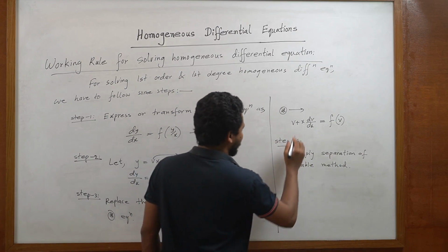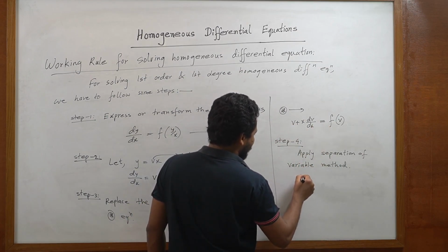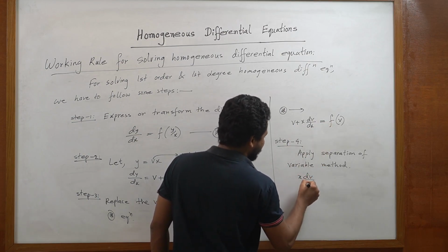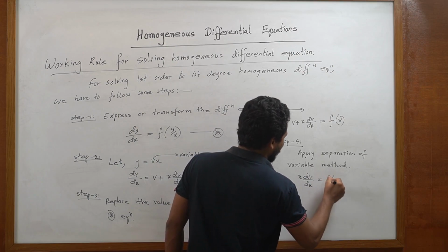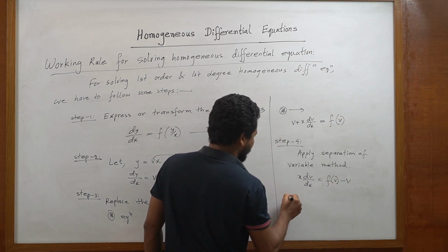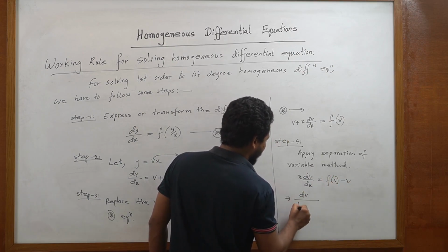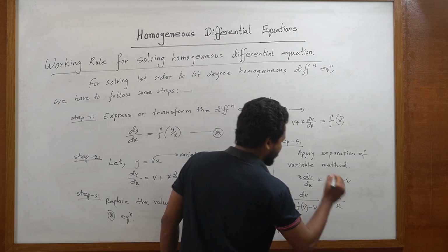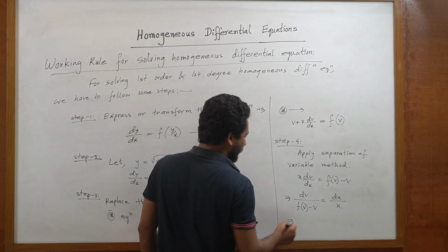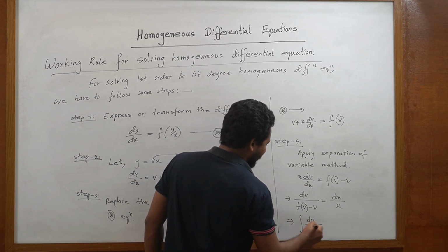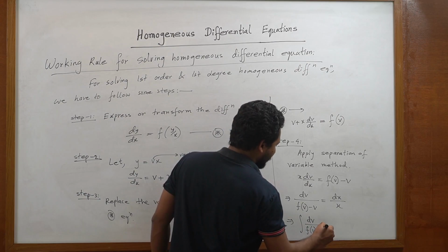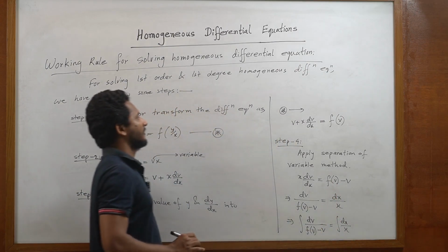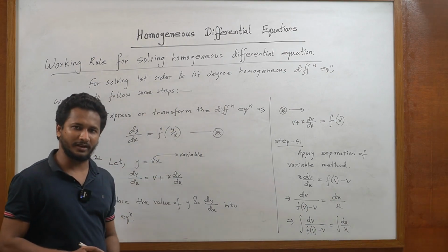That means we get x dv/dx equals f of v minus v, so dv over f of v minus v equals dx by x. Then we will integrate both sides. This is the whole procedure, the working rule.